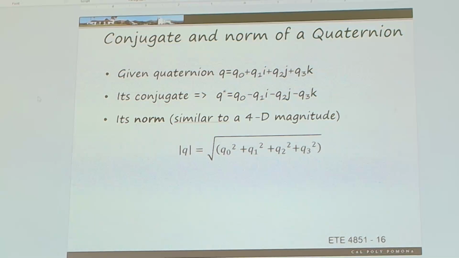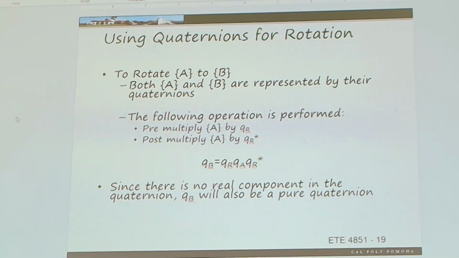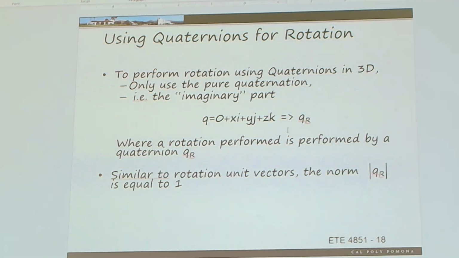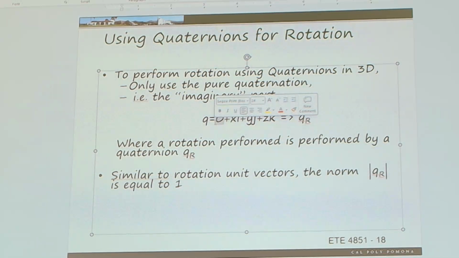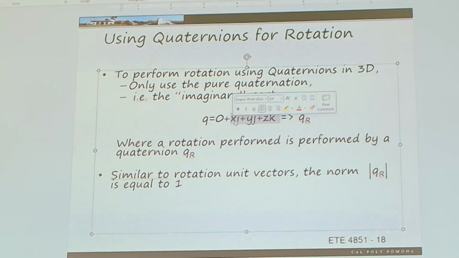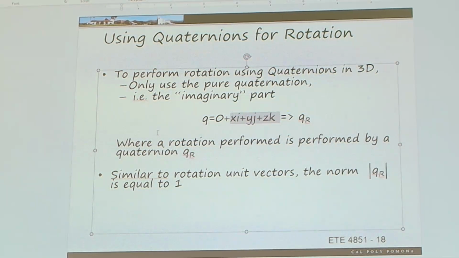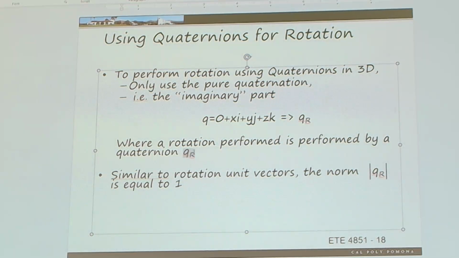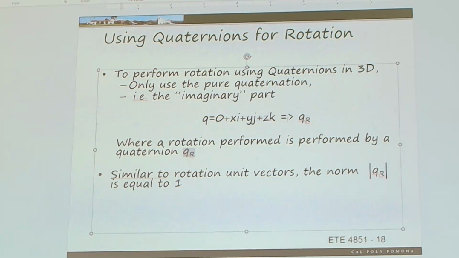So we did some preliminaries, right? So here we are, quaternions for rotation. Okay, let's go back to this one. I'm going to ignore the radius magnitude component. I'm simply dealing with the rotational component. So when a rotation is going to be performed by a quaternion R, that rotation right there is defined by these 3 values.